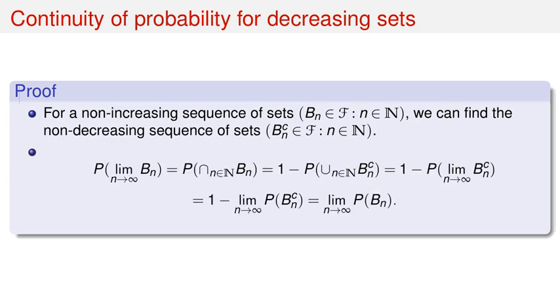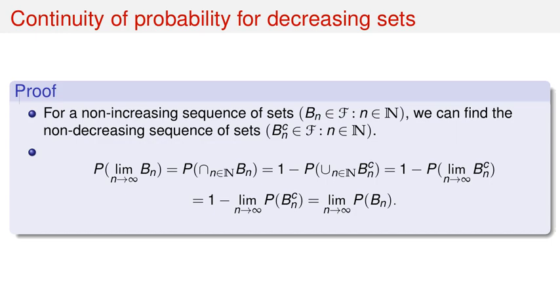Then P of the limit as n approaches infinity of Bn is P of the intersection over n in N of Bn. Using De Morgan's laws and properties of probability, this is 1 minus P of the union over n in N of Bn complement. This is 1 minus P of the limit as n approaches infinity of Bn complement.